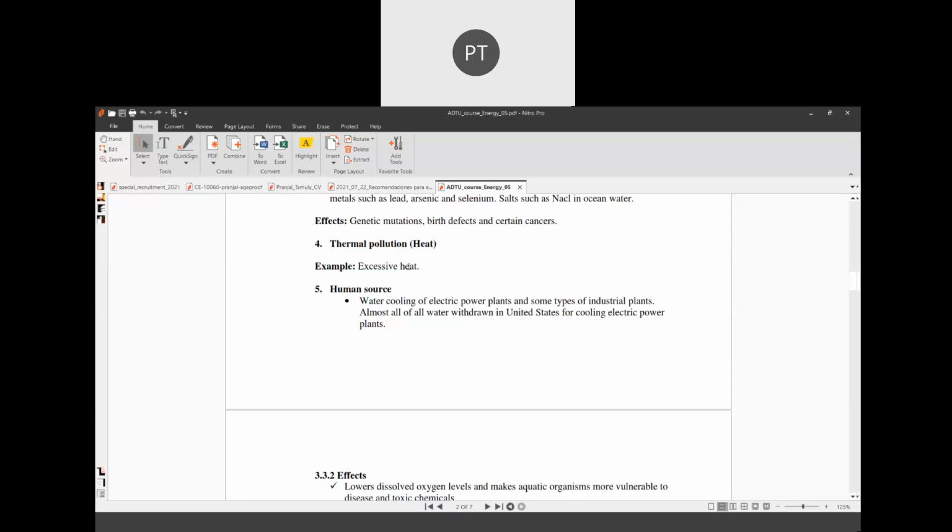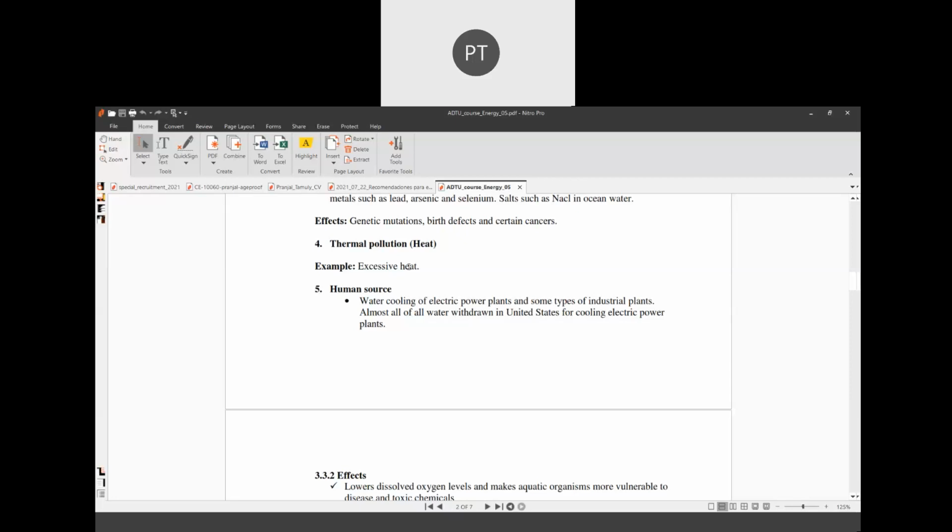This may be harmful for aquatic animals, fishes, and plants that live in rivers and ponds. So this will cause a harmful effect to aquatic life. This is also a source of water pollution.